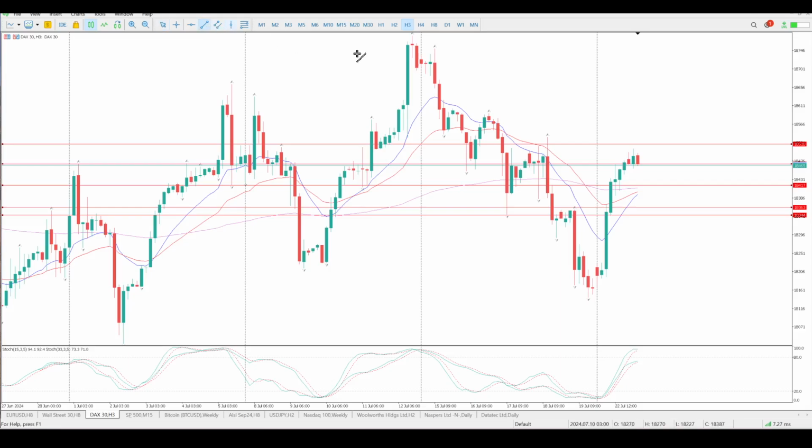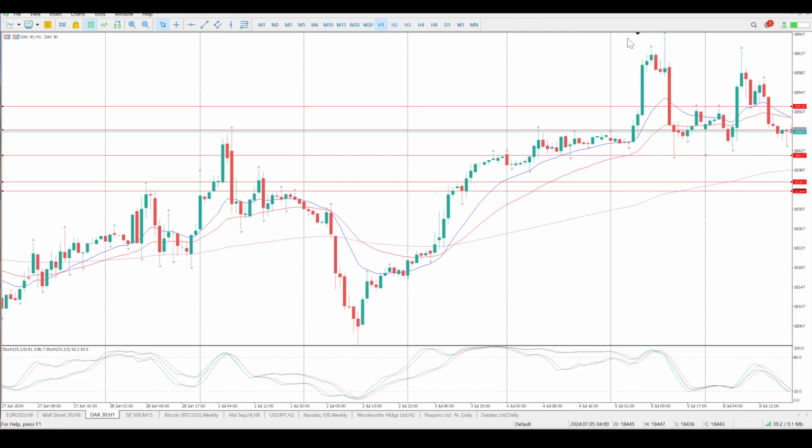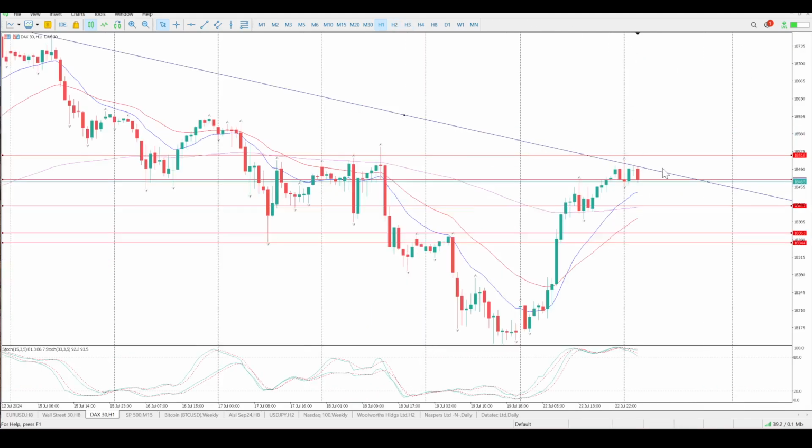Now, the next thing that I would very much pay attention to is the original trend line. The first two fractals typically form the trend, and you can see how that all intersects there. So there are quite a few sellers waiting here who are expecting this thing to fall from this area.